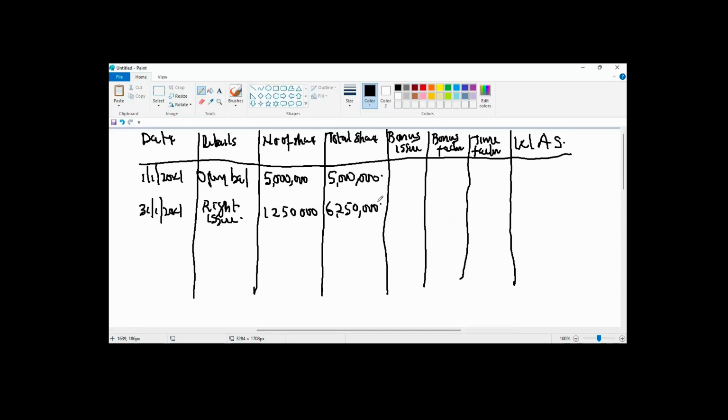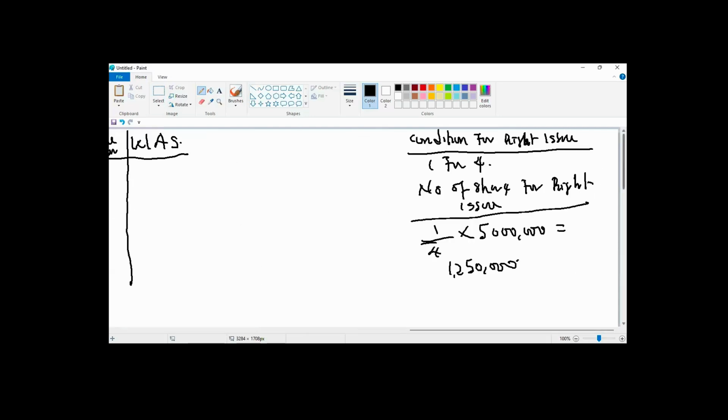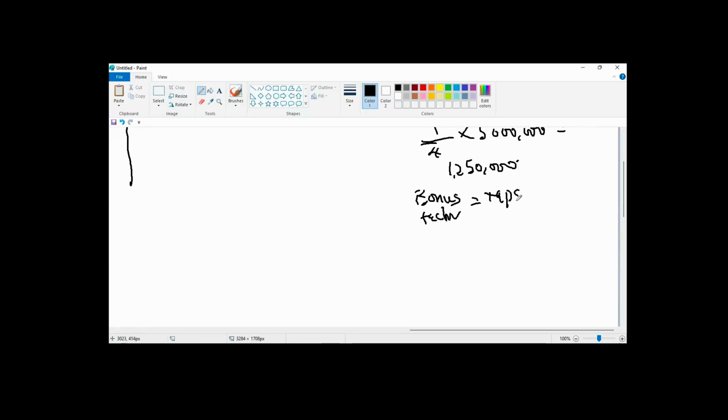Then I'll go and calculate the bonus factor. What is the bonus factor? It is the market price per share all over the theoretical ex-rights price.